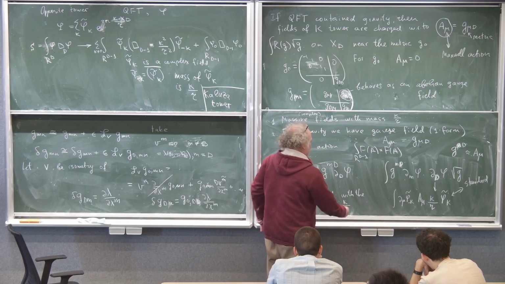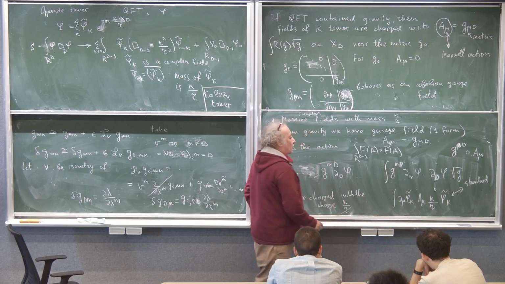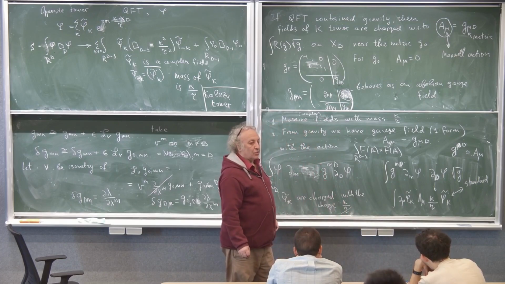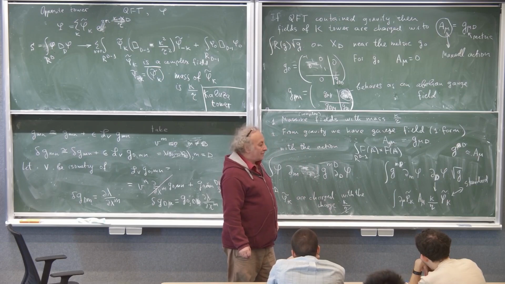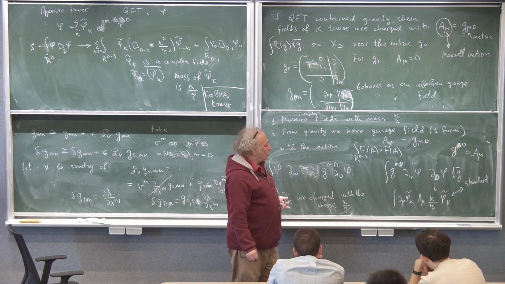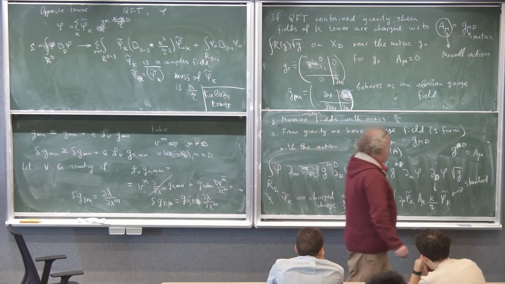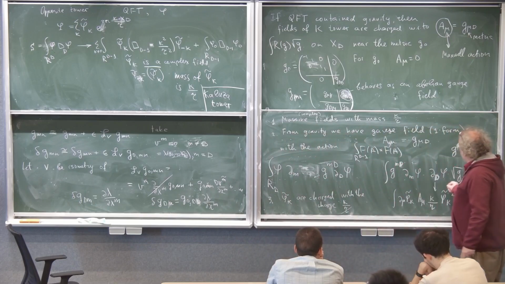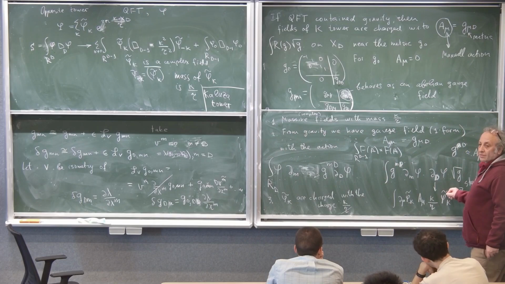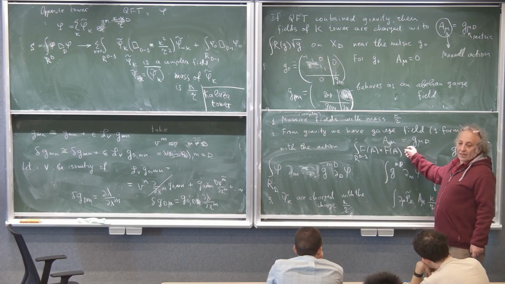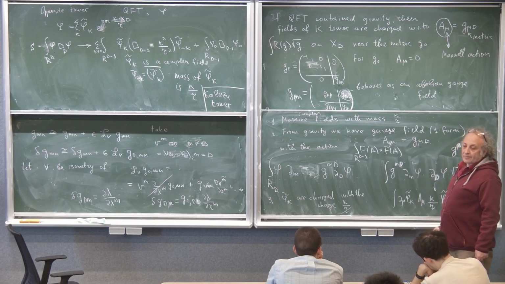So actually, R would go away in this formula. But my goal is to show that Kaluza modes are charged with respect to the gauge field that comes from the off-diagonal component of the metric.